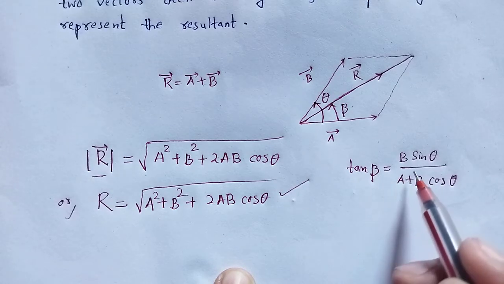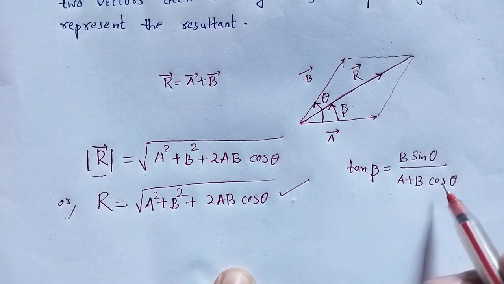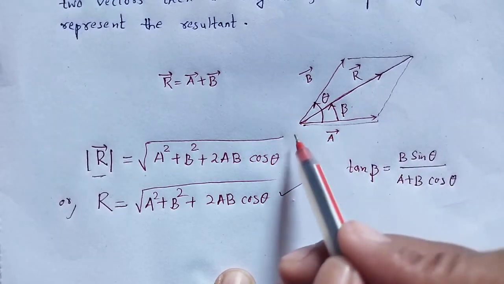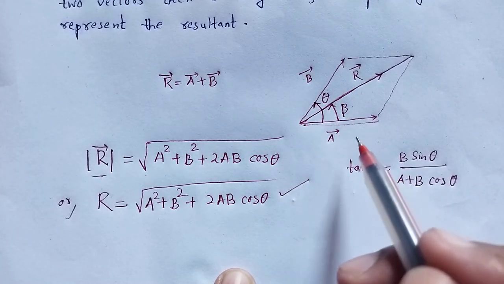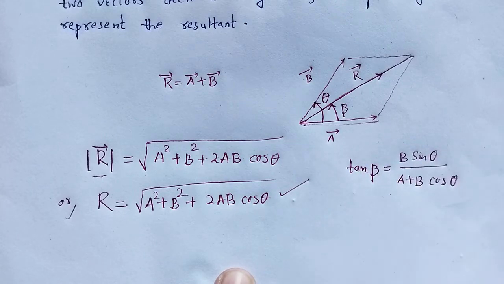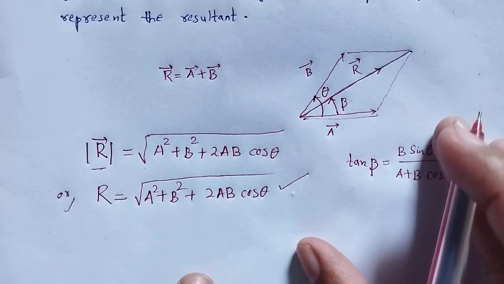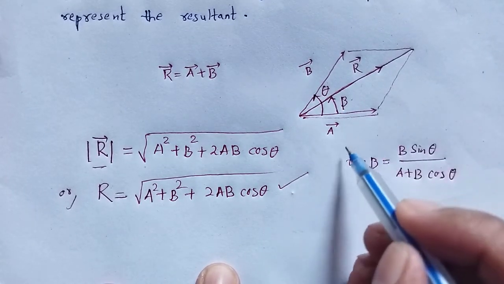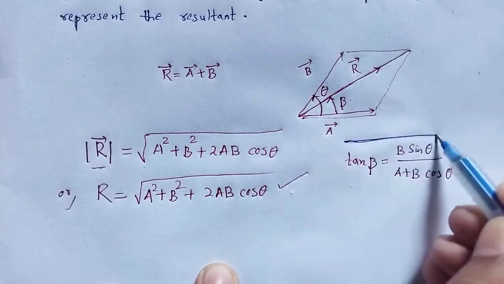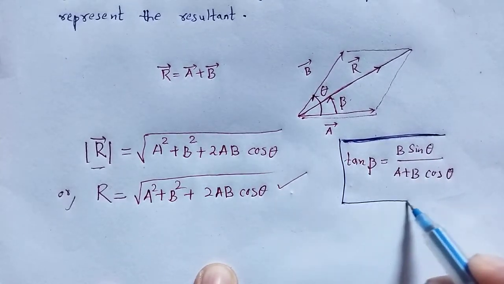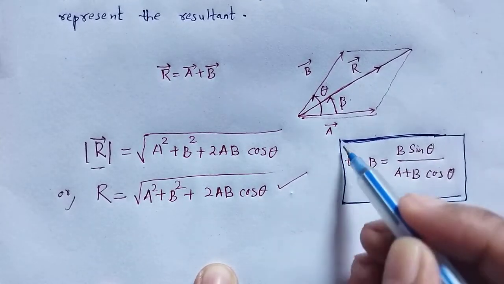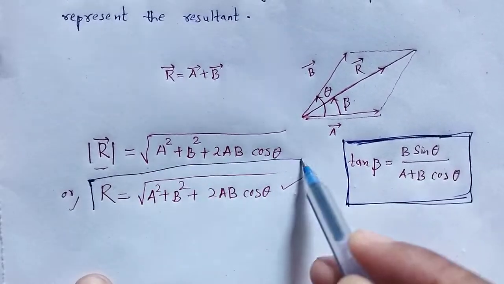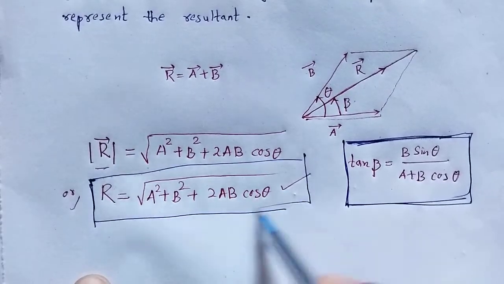Tan beta is equal to B sin theta divided by A plus B cos theta, where theta is the angle between the two vectors A vector and B vector, and beta is the angle between the resultant and A vector. In this way we can easily find the magnitude and also the direction of the resultant of the two vectors A vector and B vector.